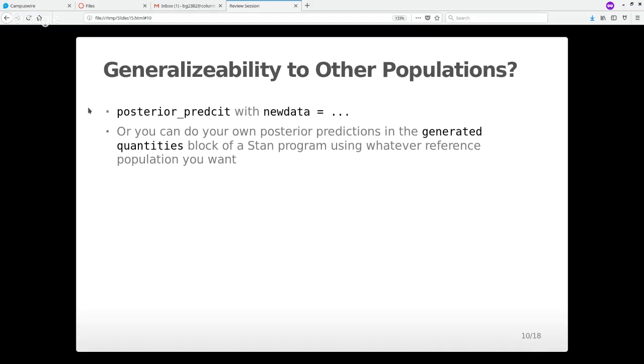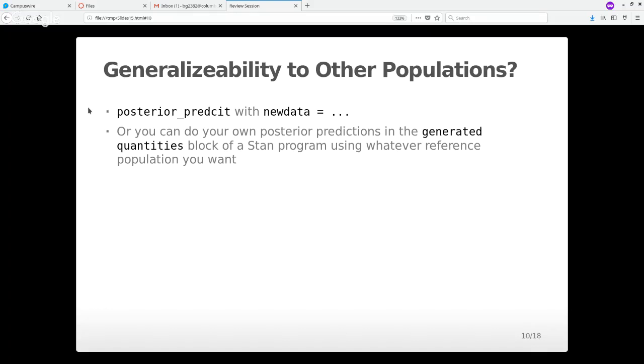And then there's maybe another step involved in making predictions about a larger population. But anyway, that's easy to do with rstanarm and brms, and it's not too hard to do in the generated quantities block of your own Stan programs, provided you know what population you're trying to generalize to.